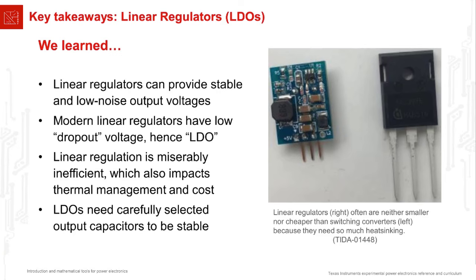We learned about dropout voltage and low dropout regulators, and we also saw that some LDOs have a very specific capacitance requirement, both on the capacitance and the capacitor ESR, in order to form a stable control loop. Finally, we emphasized that linear regulators are very inefficient, especially when the voltage conversion ratio is large. This is a major motivation for moving to switching regulators, which we'll introduce in another video and we'll spend pretty much all of this curriculum talking about.